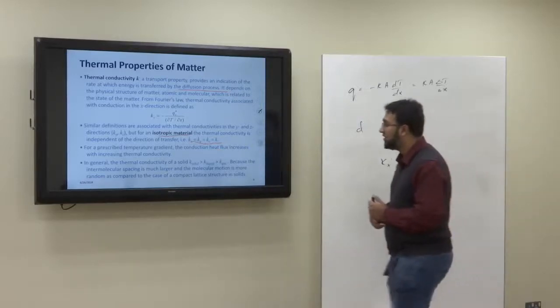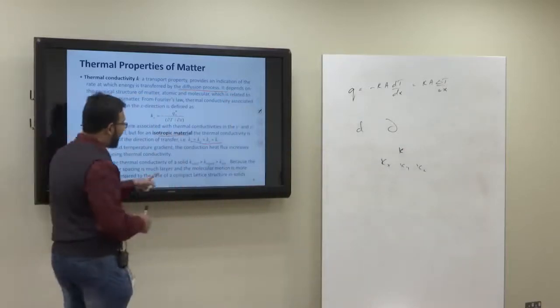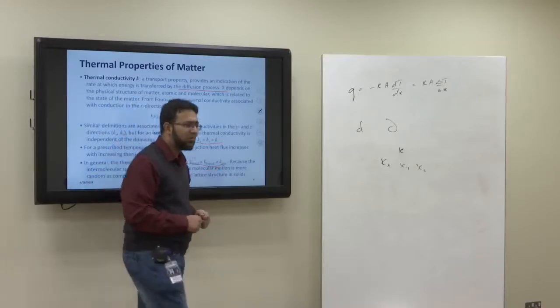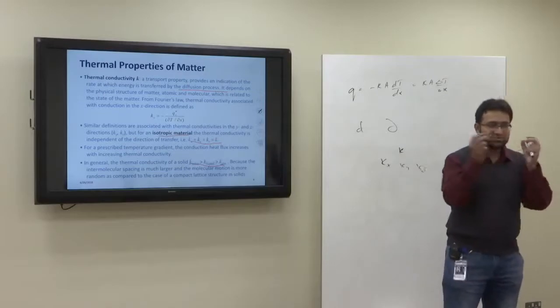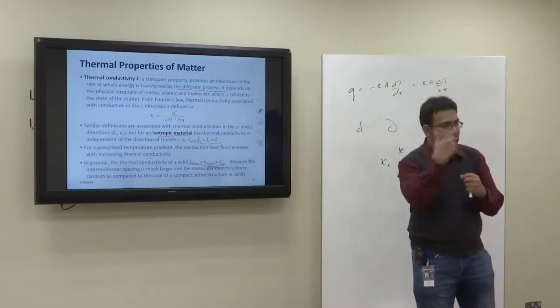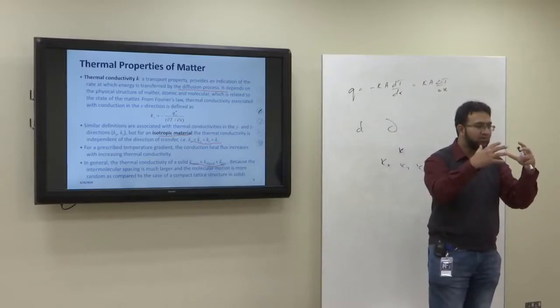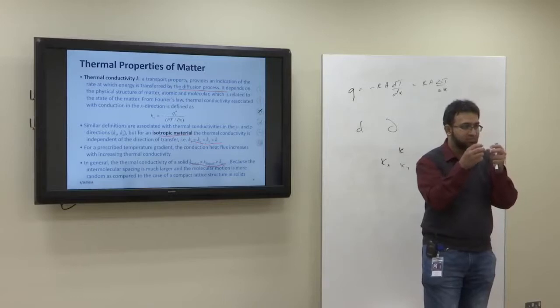In general, the thermal conductivity of a solid is greater than that of a liquid, which is greater than that of a gas. It's a transport property, but you have to understand how this transport occurs. It's because the molecules collide with each other and transport energy. In solids, the molecules are so compact that the transport is very quick, because this transport is by diffusion.